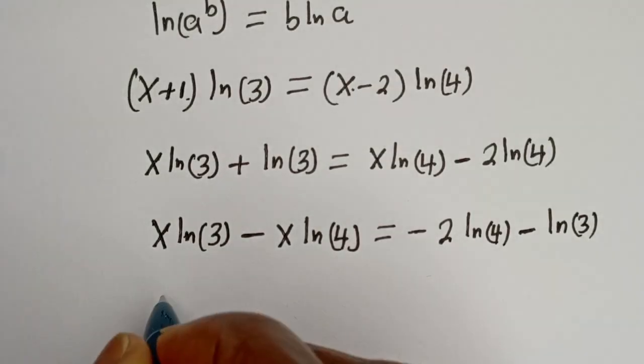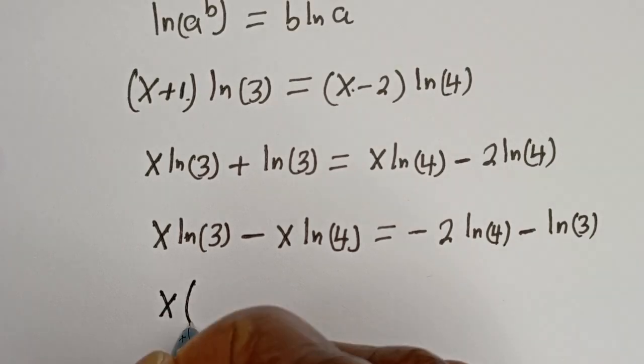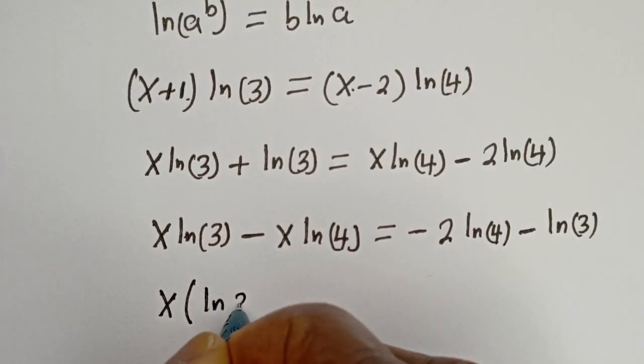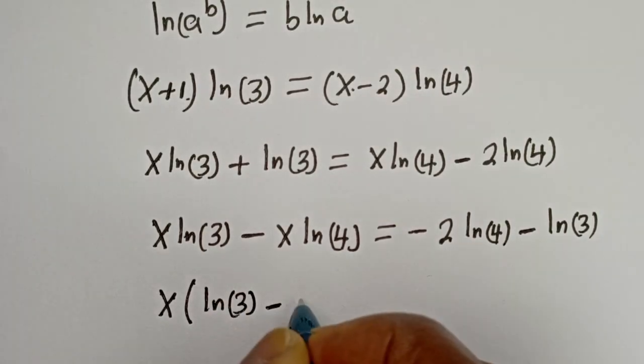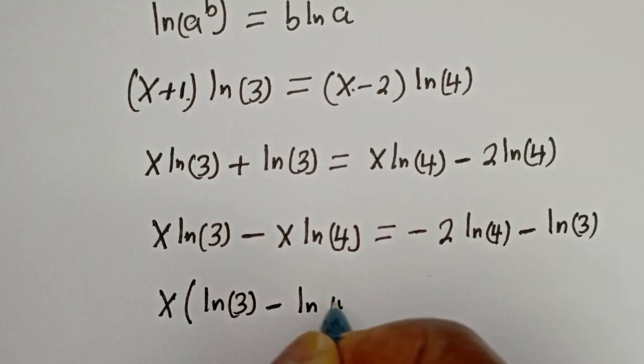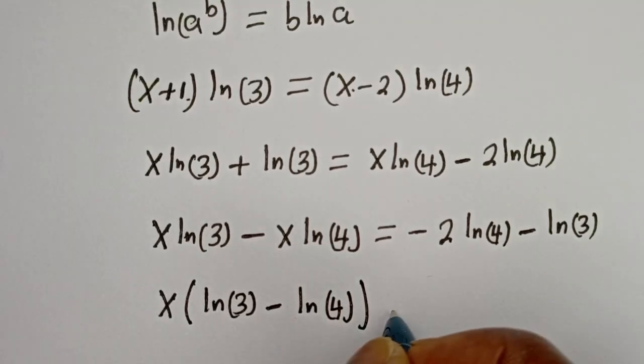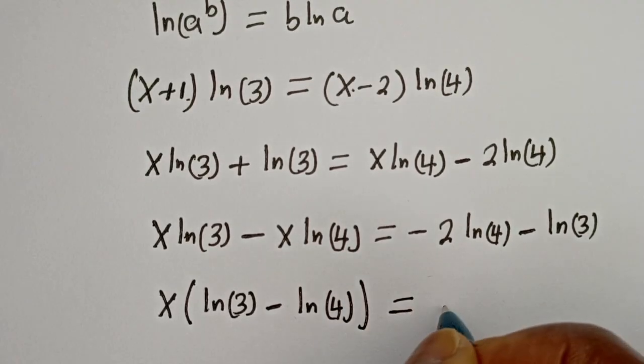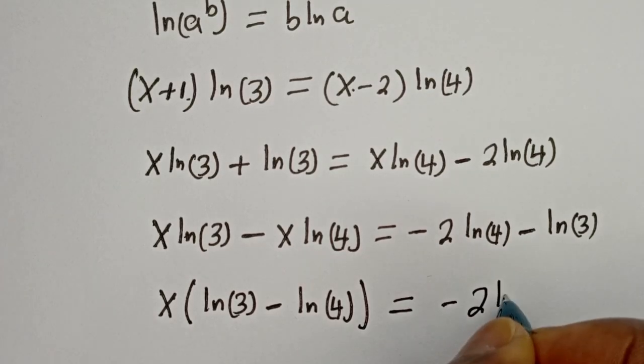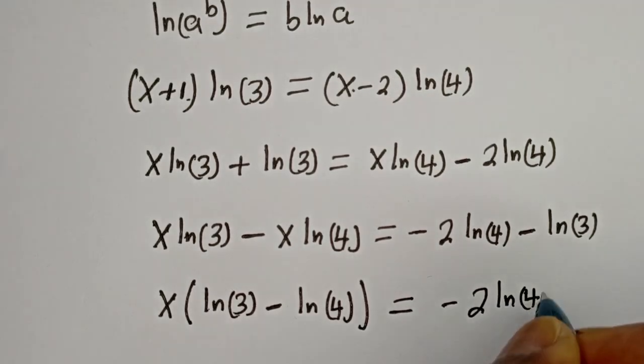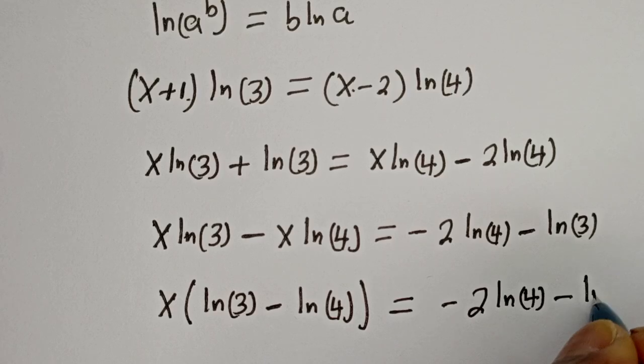Here x is common, let's bring it out. x bracket ln of 3 minus ln of 4 is equal to minus 2 ln of 4 minus ln of 3.